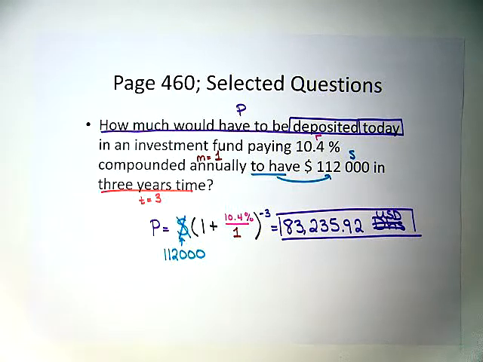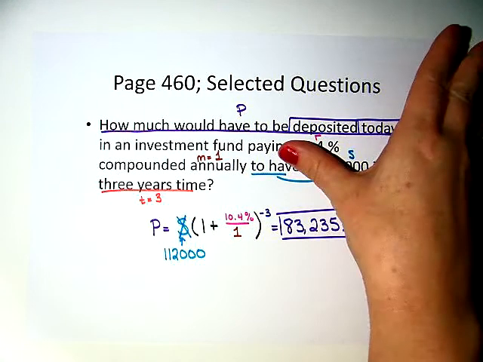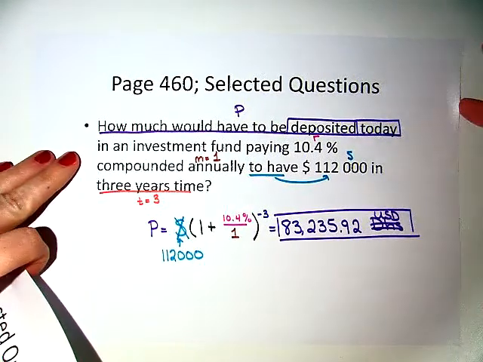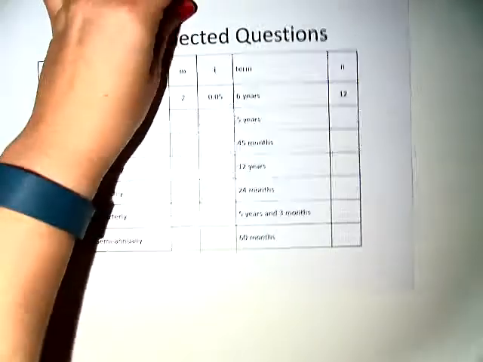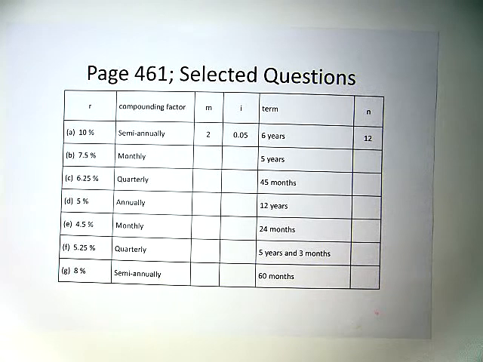So this is an example from page 460. This is going to be one of your homework problems. Now let's look at one other homework problem that involves N, M, I, T, all of those great things, to kind of help make it easier to see. Okay, so this is page 461, and this is a chart.